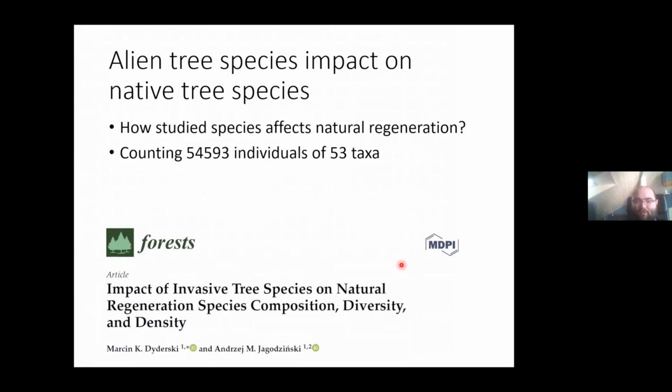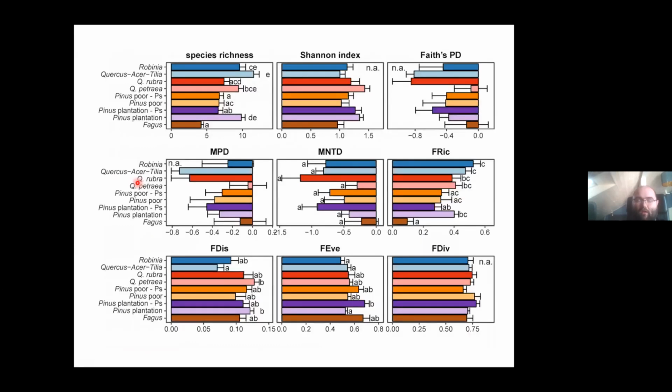We also used the same data to look at the other side, the impact of alien tree species on native tree species. We counted all trees and shrubs within all of the plots. We found in total 53 taxa. Looking at the diversity indices, we cannot see big differences between stands with alien or native species domination.